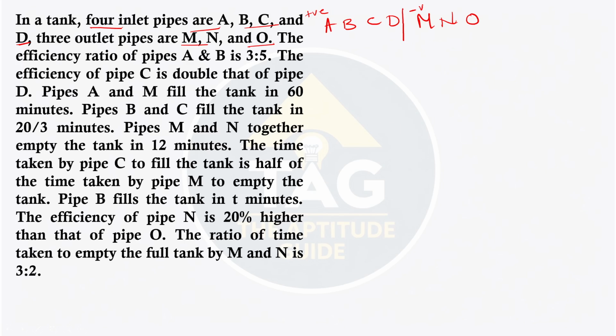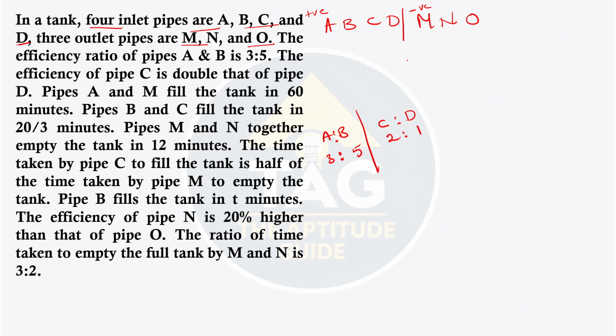M, N and O are negative as they are outlet pipes. The efficiency ratio of pipes A and B is 3:5. The efficiency of C is double that of pipe D, so C:D is 2:1.